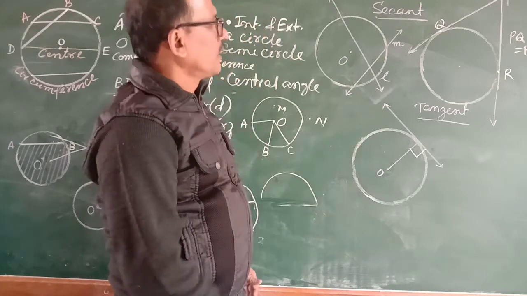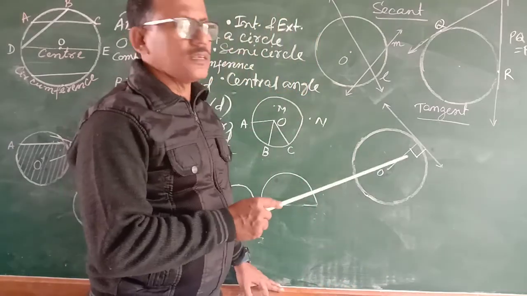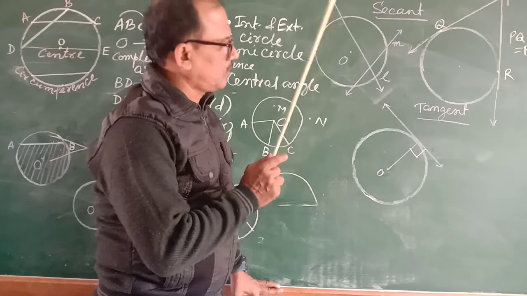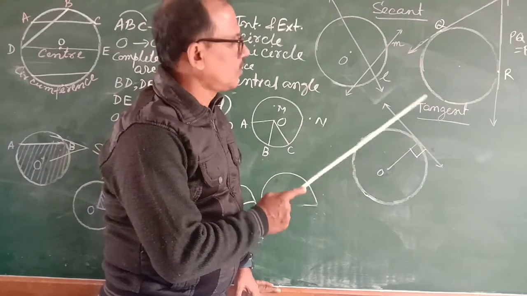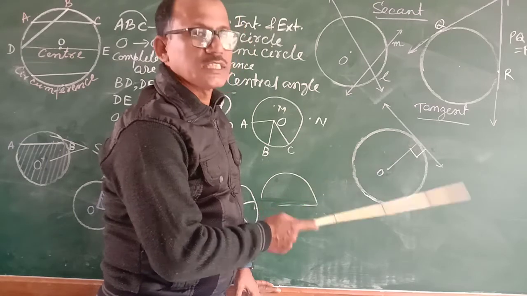Okay. Now see, any tangent will touch at only one point. It will not be intersecting at two points.